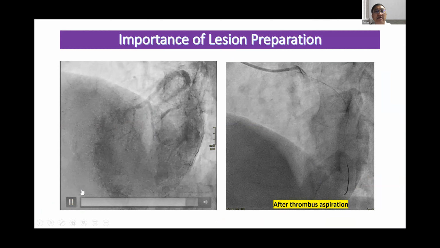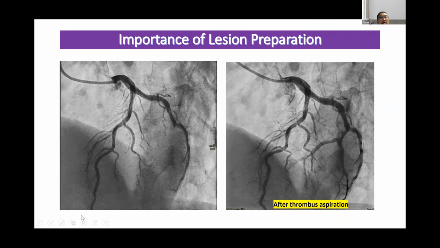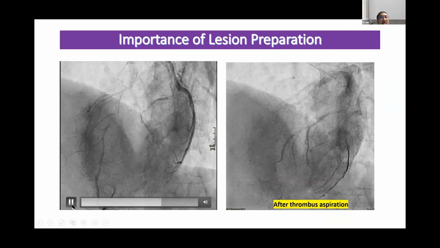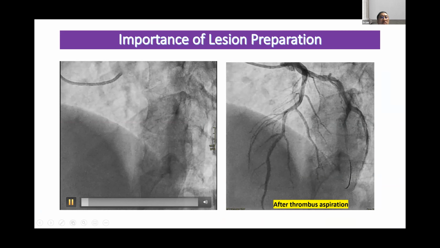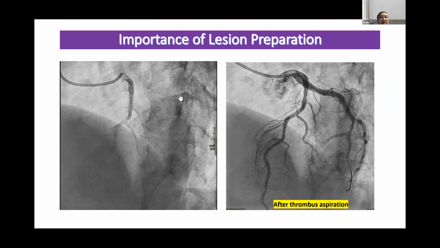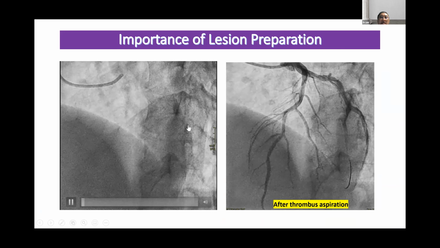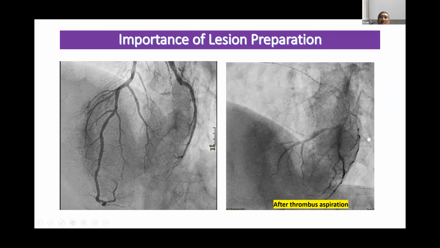In this case, just to illustrate the importance of lesion preparation, this is a patient admitted for an inferior posterior MI, with occlusion of the circumflex artery immediately after the major OM1 branch.